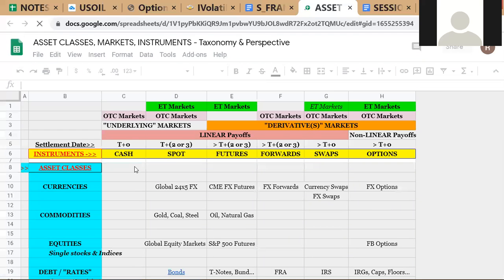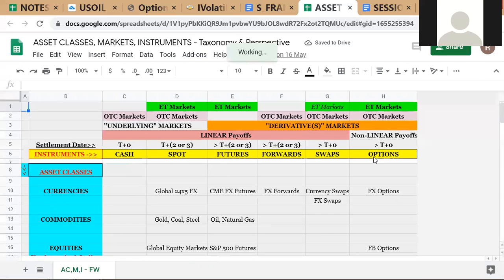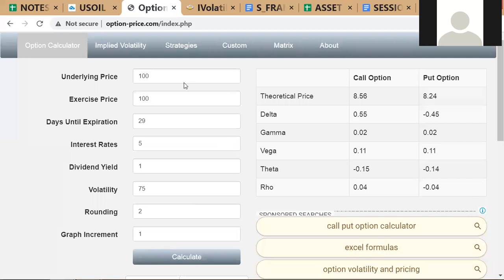You have already seen one example of this. Now we are discussing options. This is a type of instrument. Spot is also a type of instrument. So what I'm going to mention now is what is the invested capital requirement if I want to trade in spot? If this underlying price is trading on a spot basis, if I want to trade in the spot market, my invested capital requirement is $100.